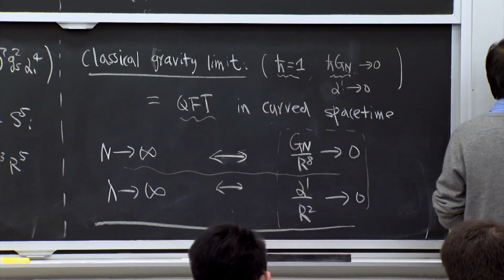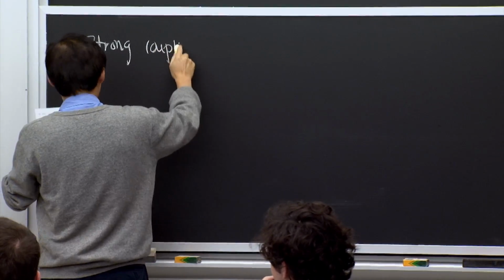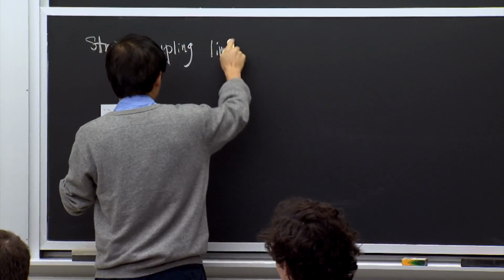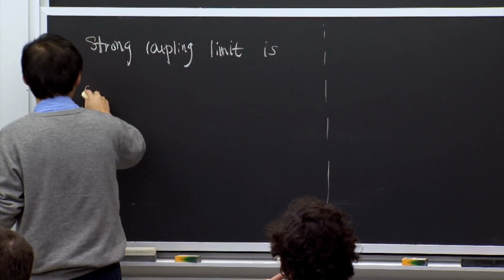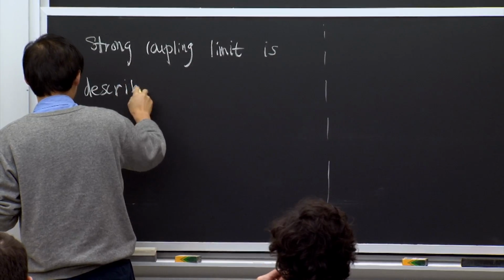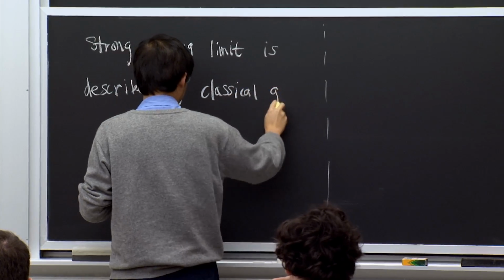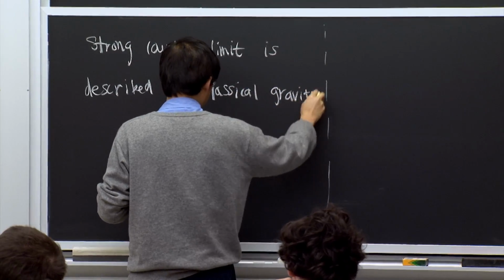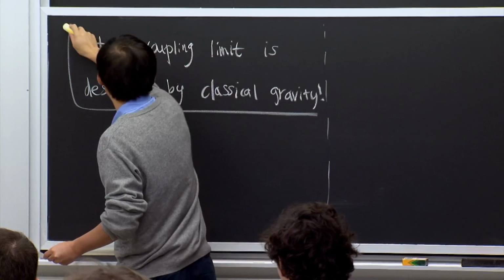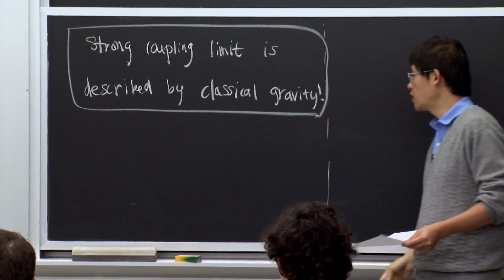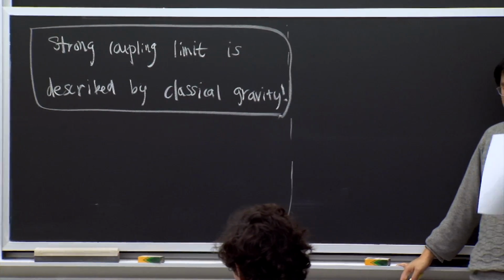So this tells you that the strong coupling limit is described by classical gravity. That means we can actually use classical gravity to, in principle, solve problems which are strongly coupled.